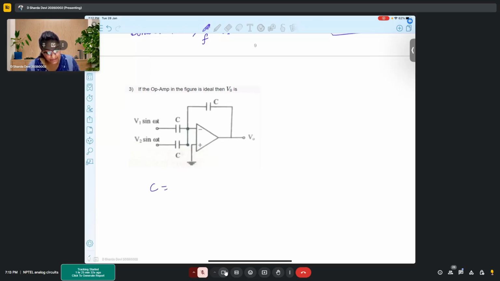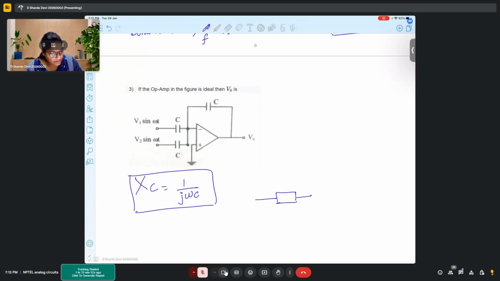So instead of C, we use XC, which is 1 upon j omega C. Then I can simply draw it as an impedance block. All the C's are equal, so there is no change in that.